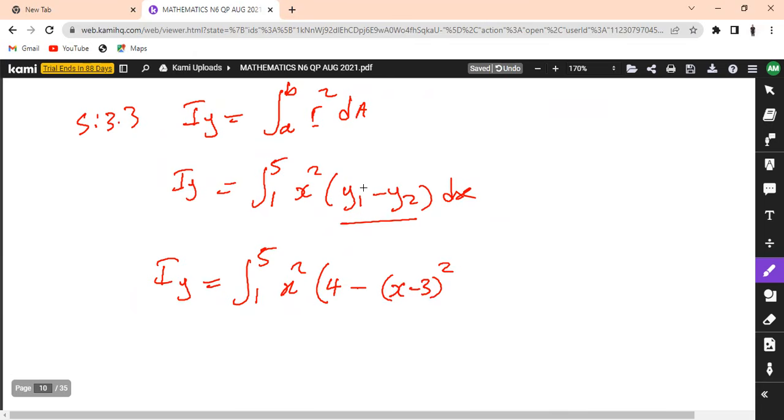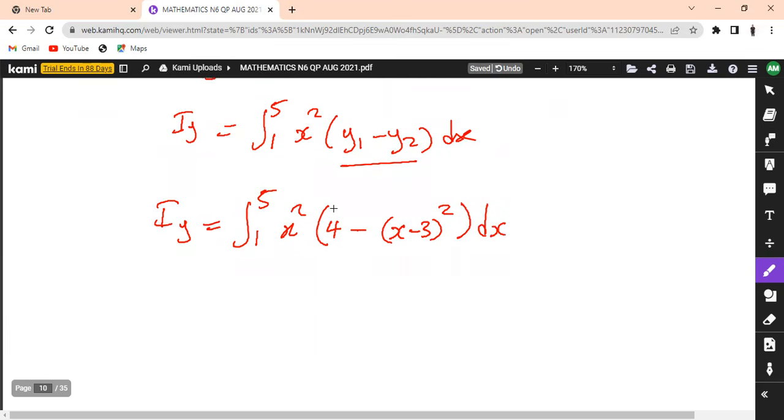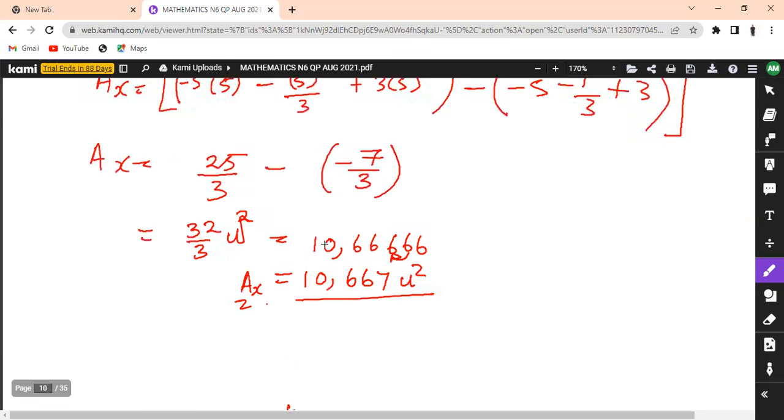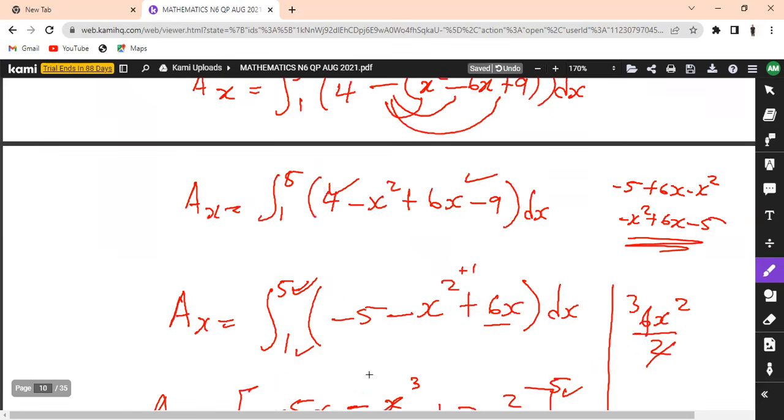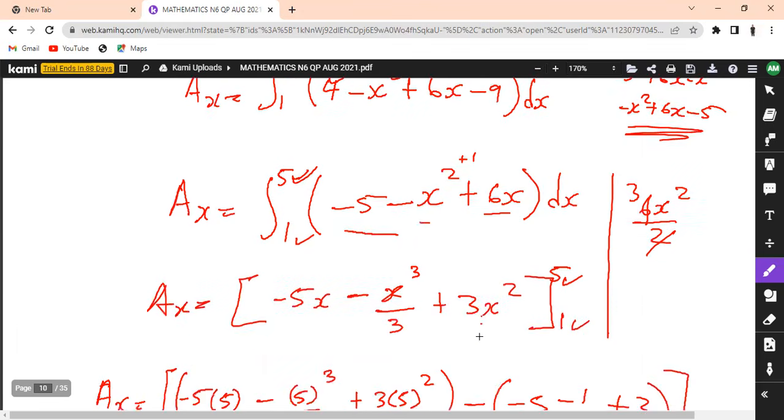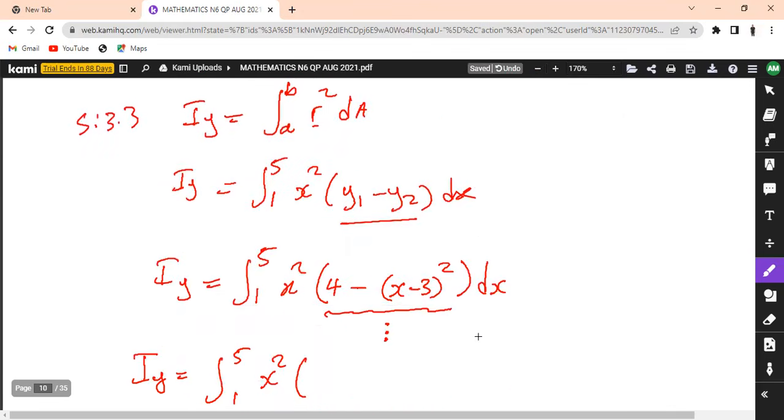So what you're going to do, guys, is expand everything, the brackets, just like what we did previously, because as you can see, this is what we expanded before. You expand until this stage, where we ended up before integrating, which you had as 5 minus x squared plus 6x.